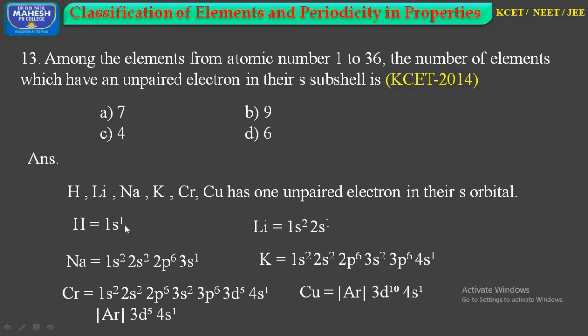Students, with this we can conclude that totally 6 elements, hydrogen, lithium, sodium, potassium, chromium and copper, have one unpaired electron in their s orbital. So the right answer is option D with number of elements equal to 6.